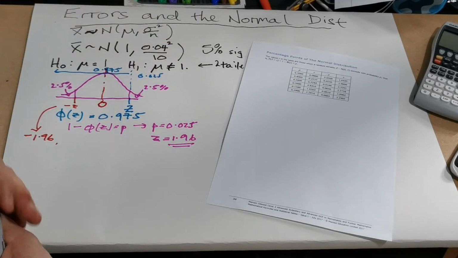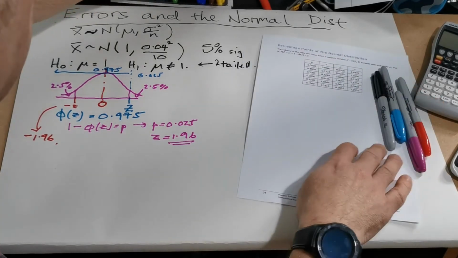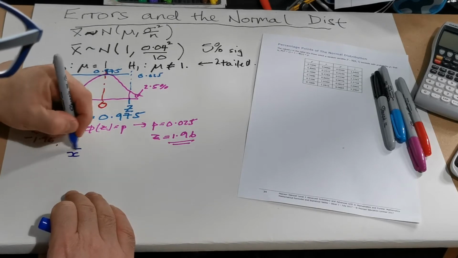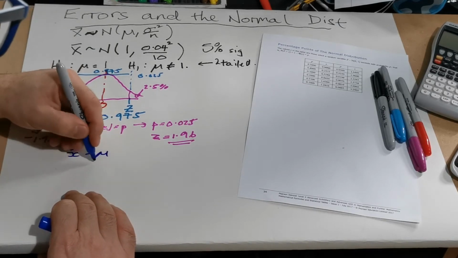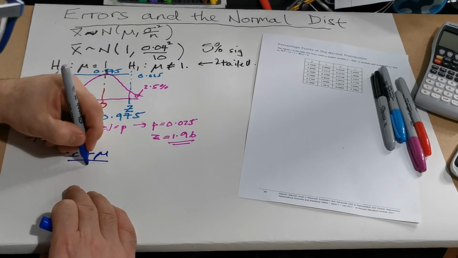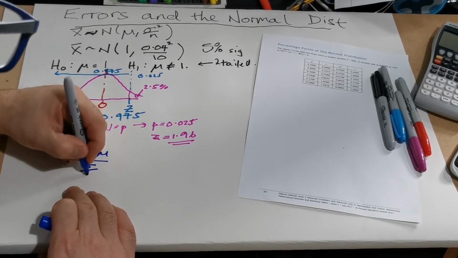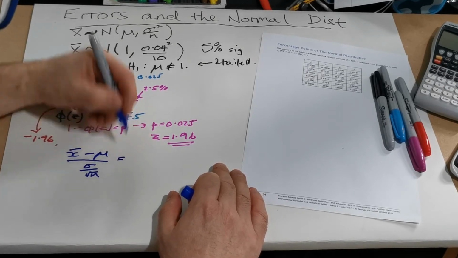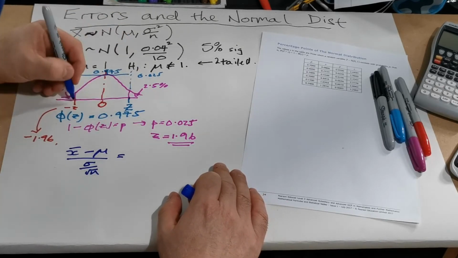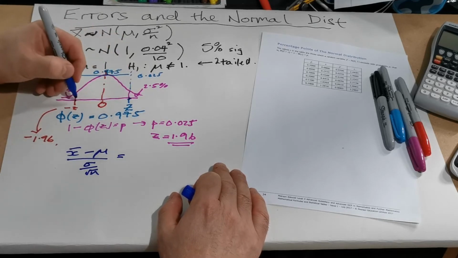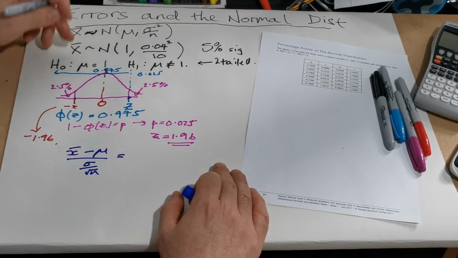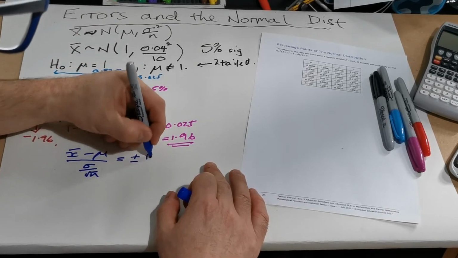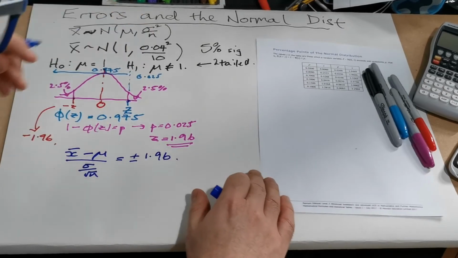So that's an interesting start. Now we need to find our critical values of x bar. Now I know that x bar minus mu over sigma over root n is going to be, I'm looking for these critical points that are Z in the standard normal distribution, but I want to know what they are in this distribution here. So I'm looking for plus minus 1.96.